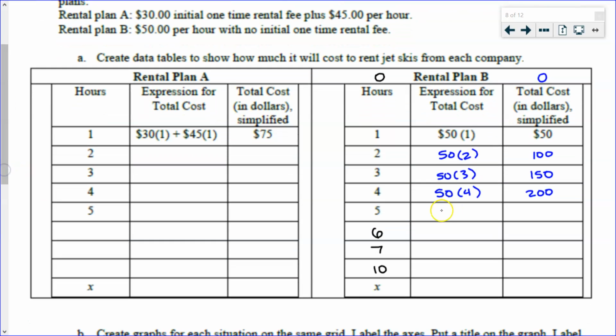Next one, 5 hours. CJ? Great. 50 times 5, which is 250. How about 6 hours, Berkeley? 50 times 6 is 300. How about 7 hours, Hagen? And how did you get that 350?